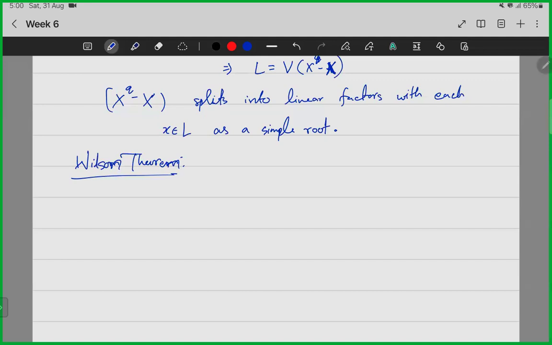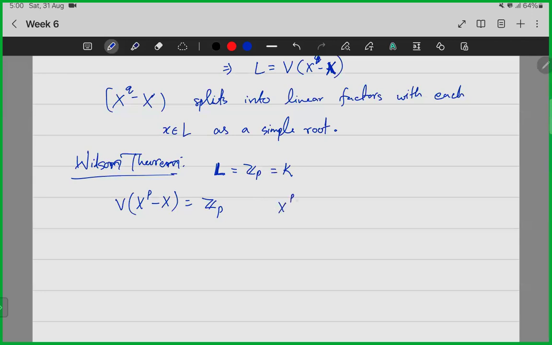So let's say L is equal to Z_p only, which is K. Then x power p minus x, all the elements of Z_p satisfy this equation. The zero set of this is equal to Z_p only. Okay.